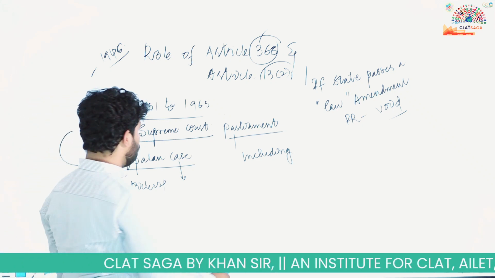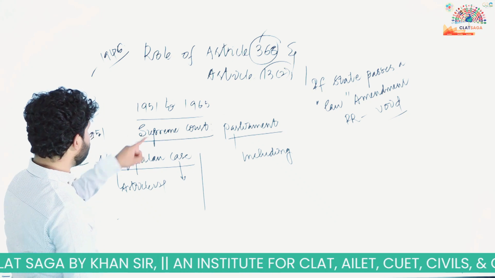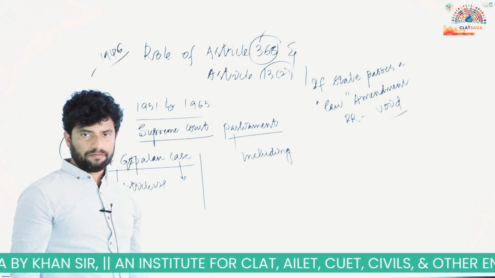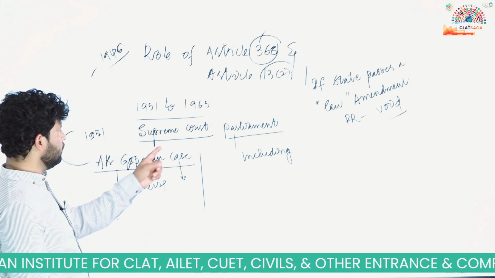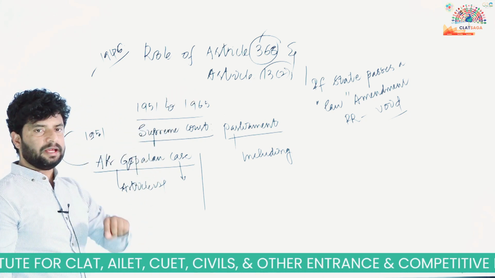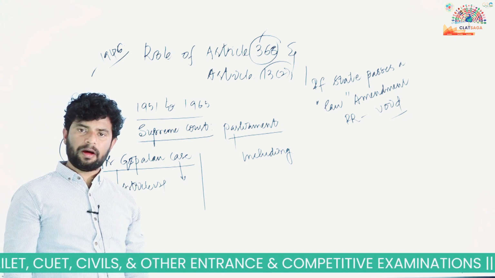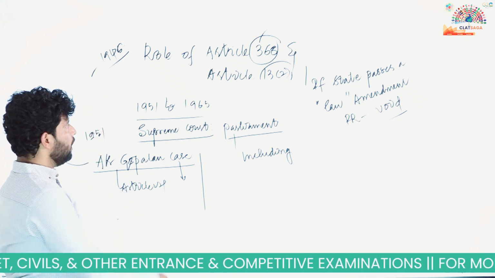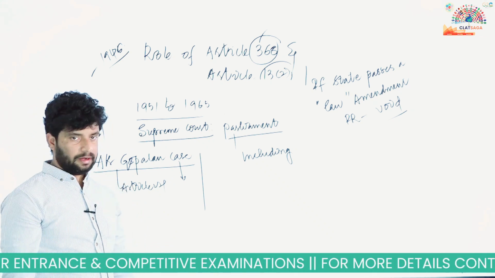Okay. So my point is that you need to understand clearly that from 1951 to 1965, Parliament consistently maintained Article 368 and that it should be under the Constitution, whereas the Parliament has every right to amend any part of the Constitution of India, including fundamental rights.